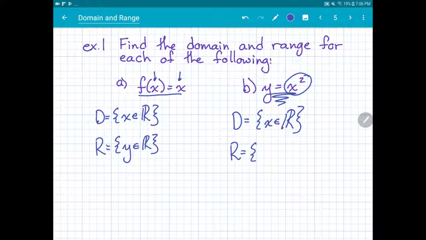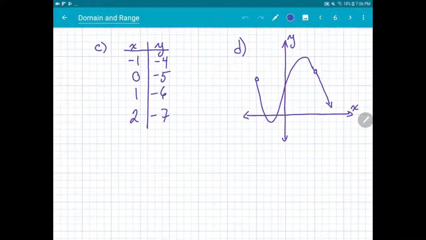But a negative times a negative will also give you a positive. So this means that for the range, y could be a decimal, no problem there, except or such that y will always end up being bigger than or equal to 0. Let's take a look at a couple more here.